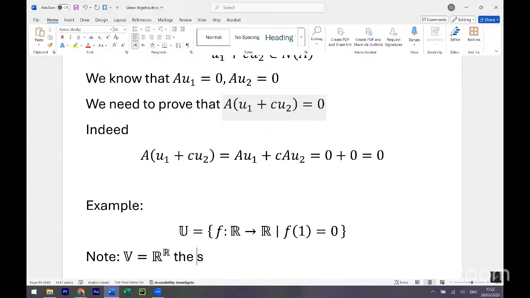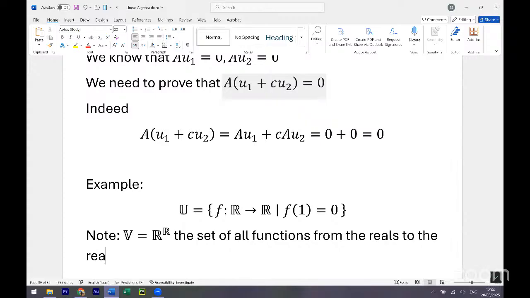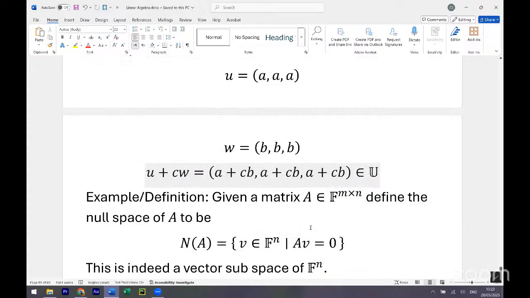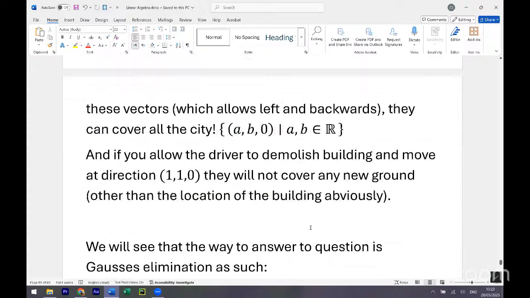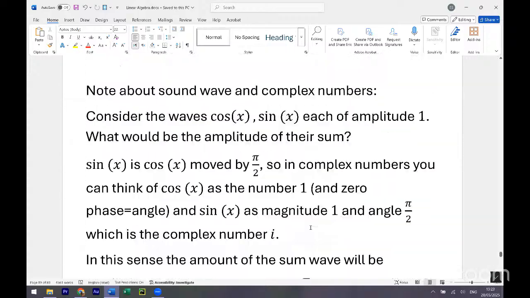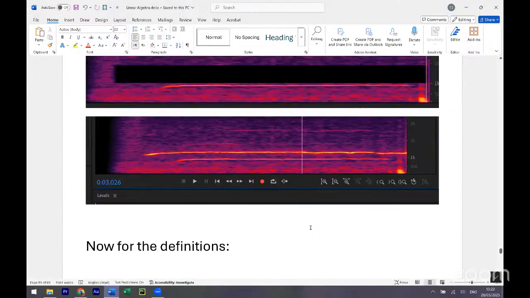The set of all functions from the reals to the reals is a vector space. You can sum up 2 vectors, you can multiply by a scalar, so it's a vector space, right? It's the generalization of what I told you last time.